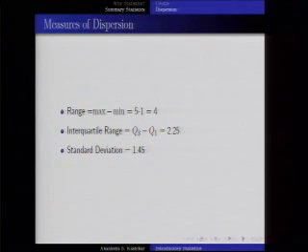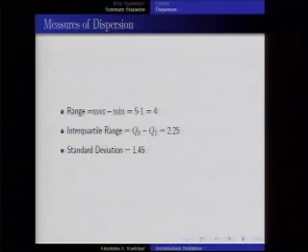The first point at the end of 25%, the second point at the end of 50%, and the third point at the end of 75%. So Q1 is the 25% point of my data, Q2 is the 50% point, and Q3 is at the 75% point. These Q1, Q2, Q3 divide my entire data into 4 parts. So the interquartile range is the difference between Q3 and Q1.